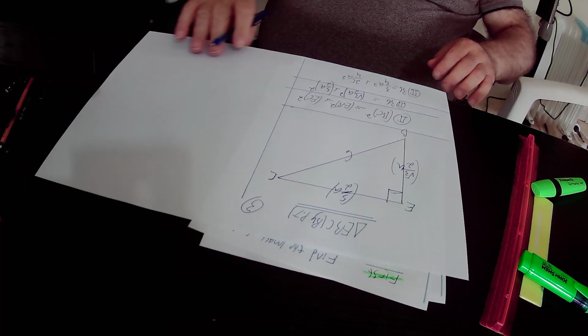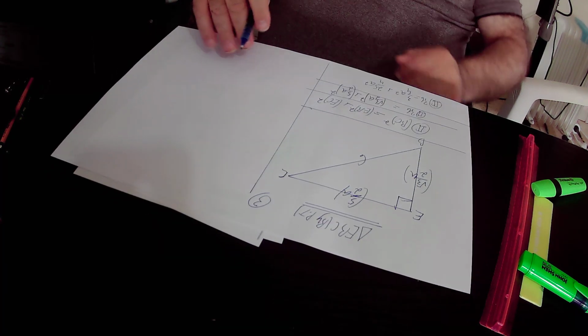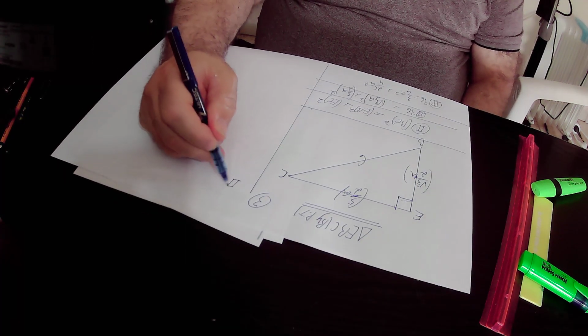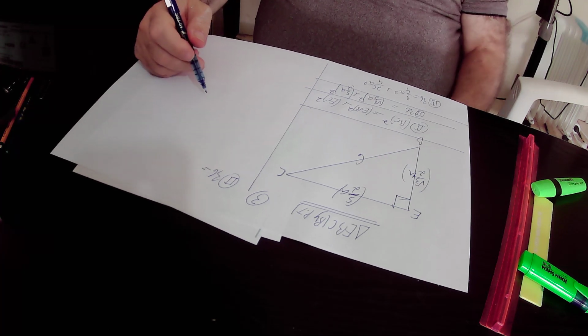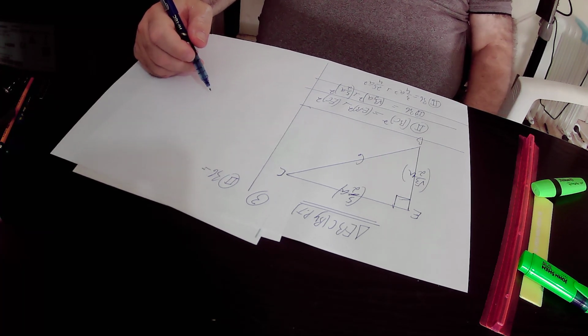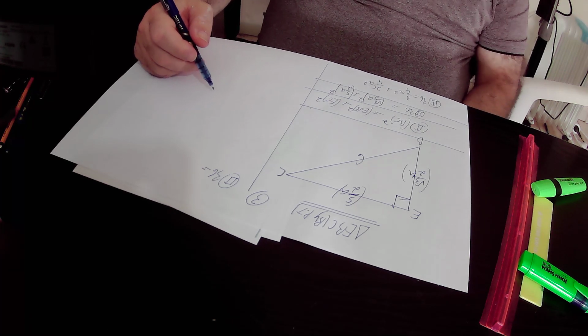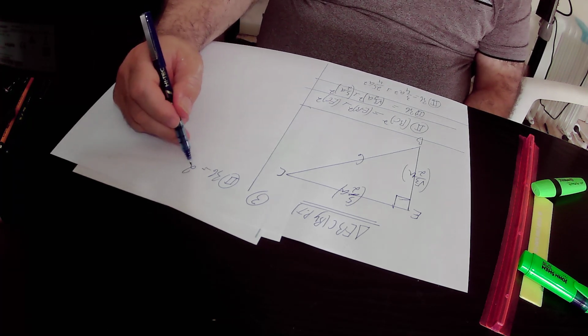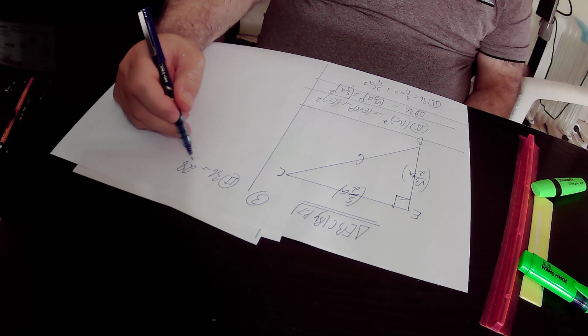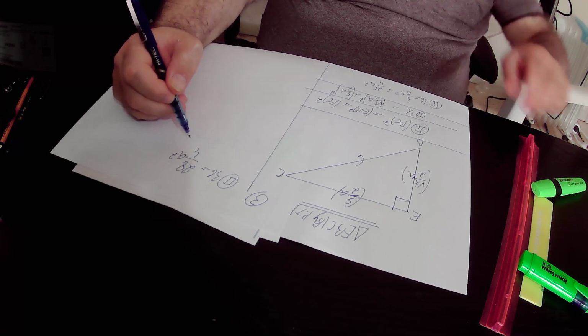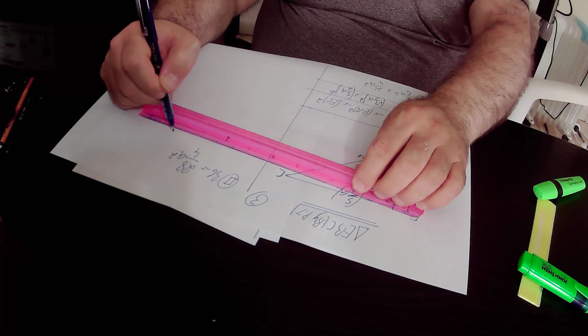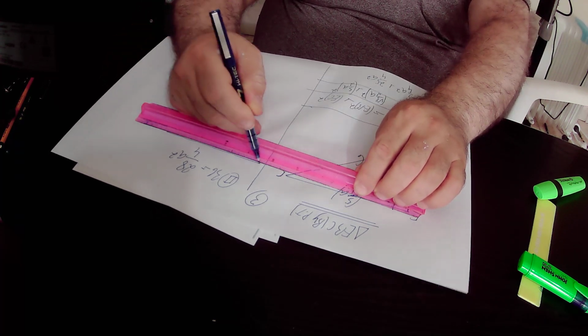So according to equation number 2, we found out that 36 equals 3 quarters plus 25 quarters is 28 quarters times A squared, of course. 28 over 4 is 7, so I write it down.